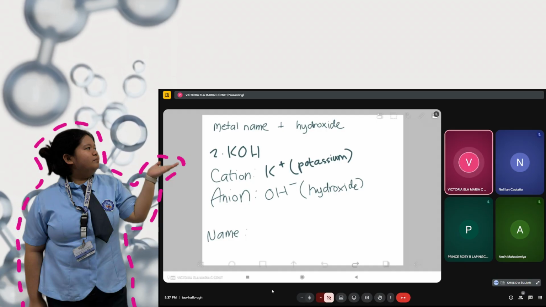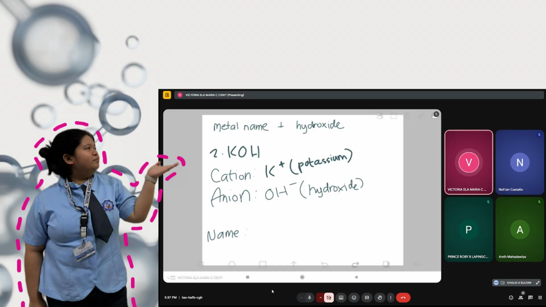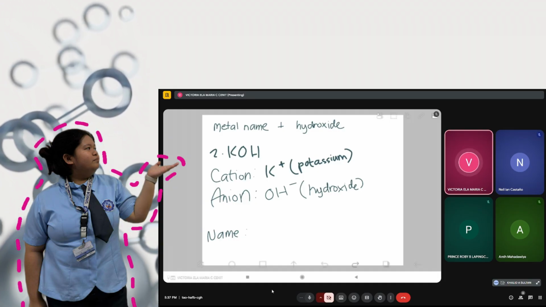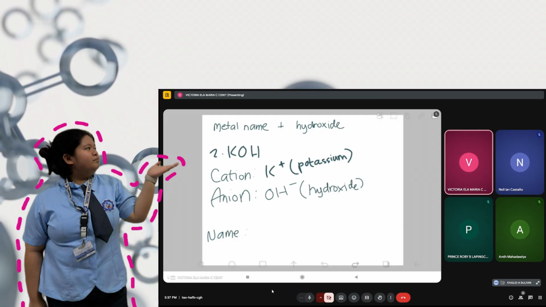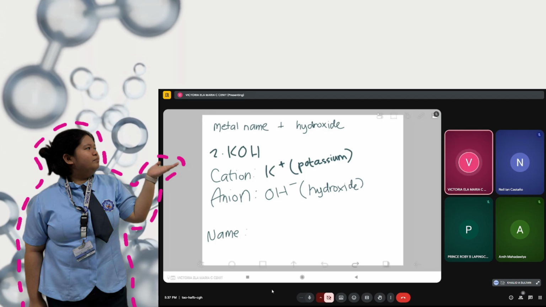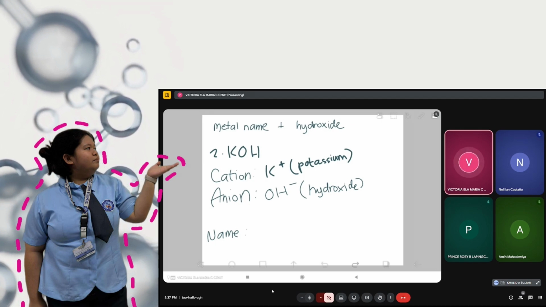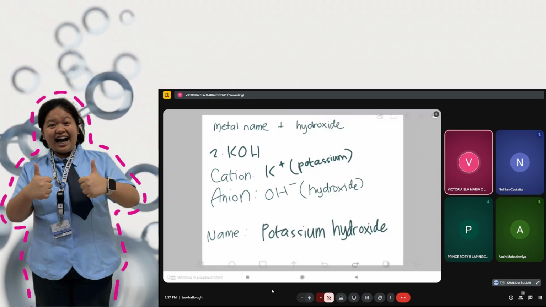For example number 2, we have potassium, or K, and OH. The cation is K positive and the anion is OH negative, or hydroxide. And when combined, it's called potassium hydroxide.